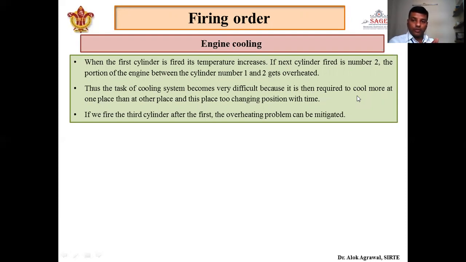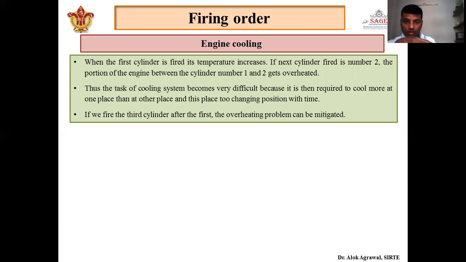So one part of the engine gets overheated, and the other part of the engine does not have any heat. Okay, so what will happen? The task of the cooling system will be difficult, because at the same time it has to give more cooling to one part of the engine as compared to the other part, because one part of the engine is getting overheated and another part is not.